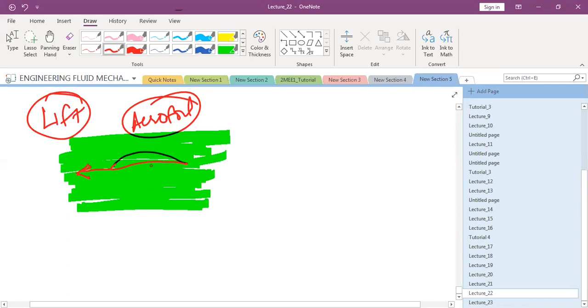So what do you think the circulation around this aerofoil will be? In which direction, if you are moving it towards left?